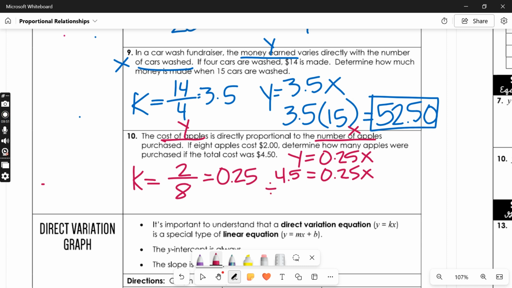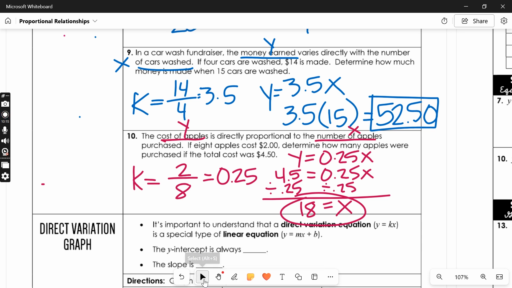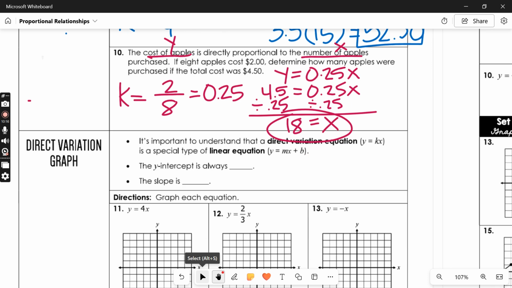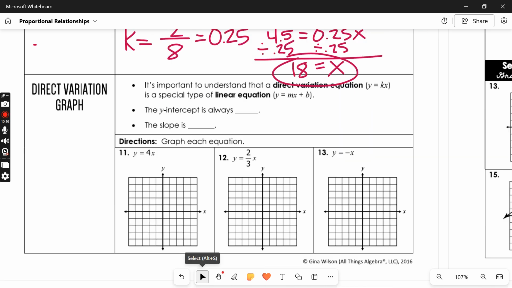I'm going to divide both sides by 0.25. When I do that, I get x is equal to 18. Again, are there other ways that you could work that problem and get the same answer? Absolutely. I'm just specifically showing you how to do it with direct variation today.